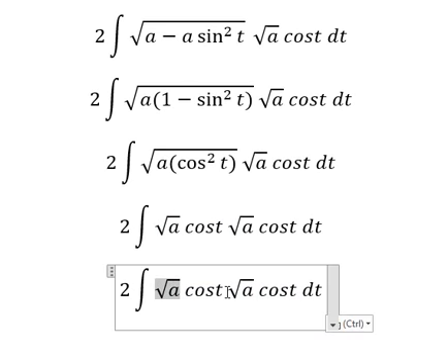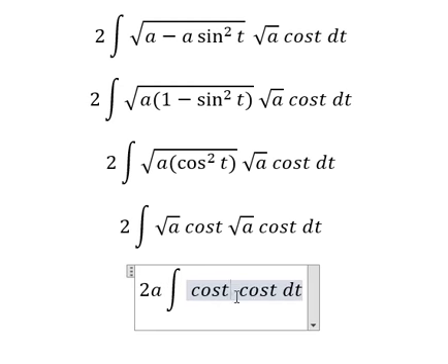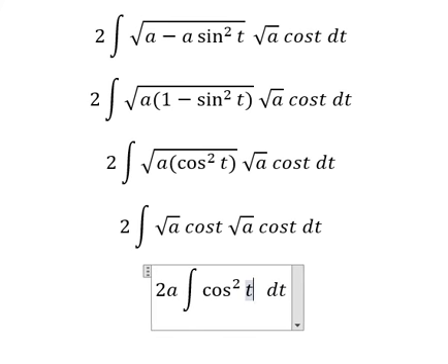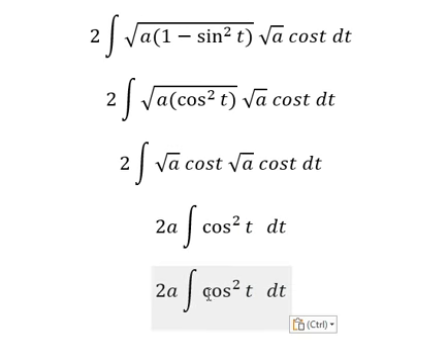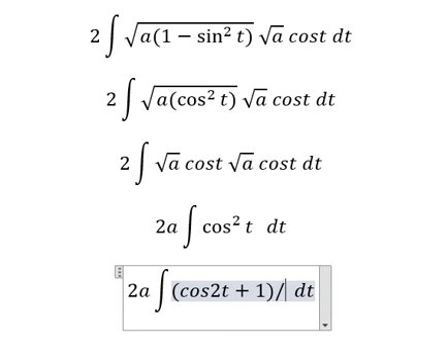So this one and this one we have a, so I will put a in here. Cosine t, we have cosine t square. About cosine t square, we change by cosine 2t plus 1 over 2.